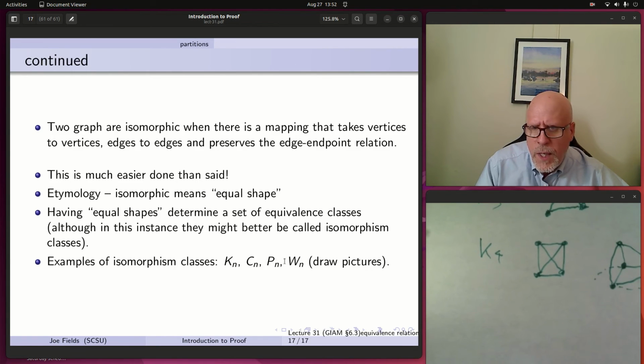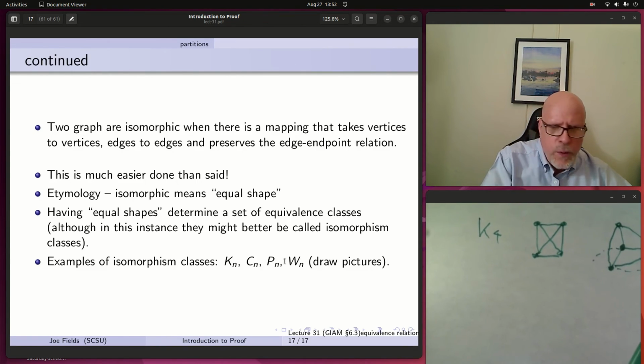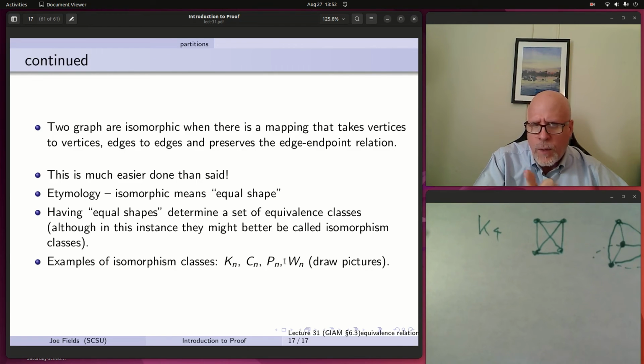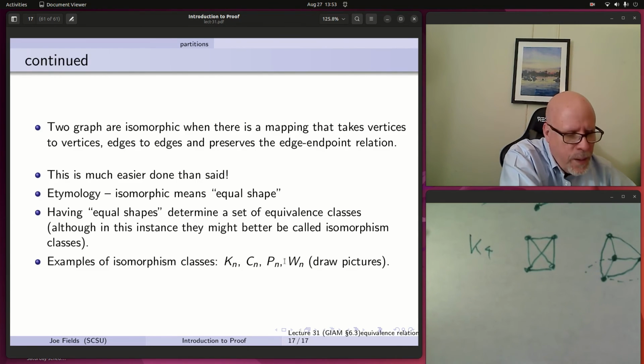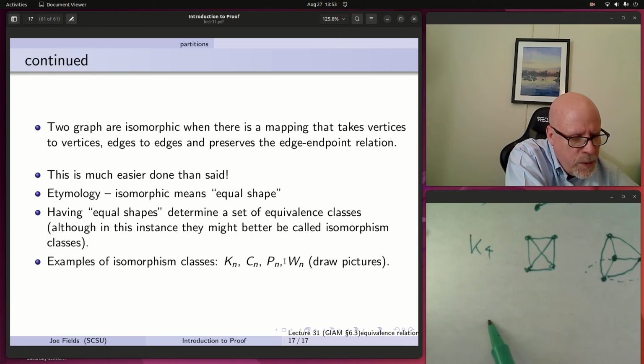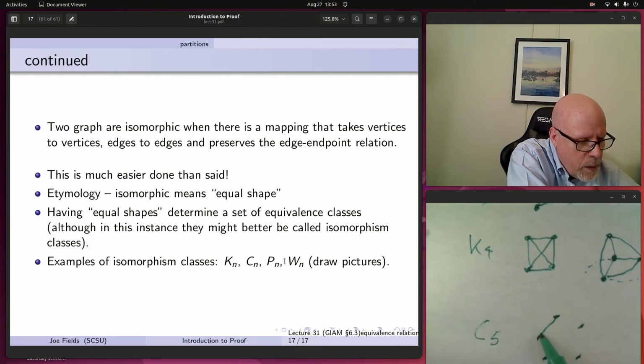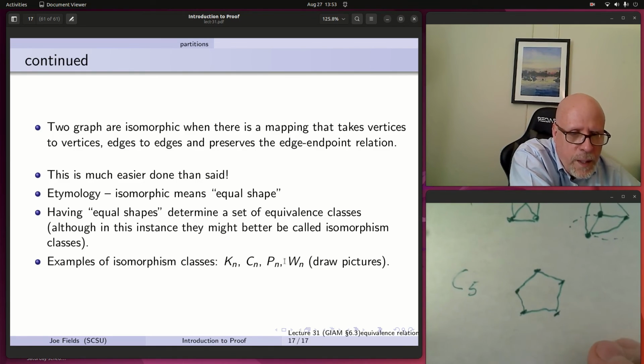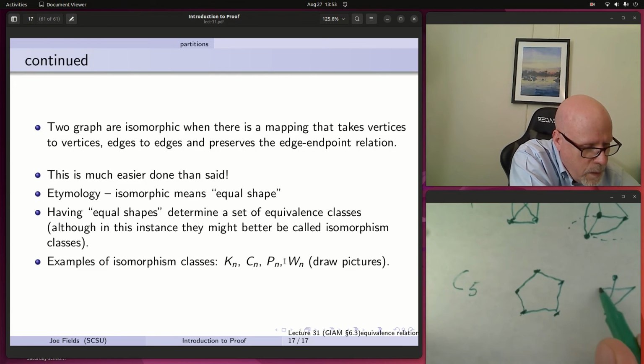There's also CN, PN, and WN. Those are cycles, paths, and wheels. I'll just give you maybe a couple of quick examples. C5, for instance, would be 5 points that are connected like this. But I could also have 5 points that are connected like this.